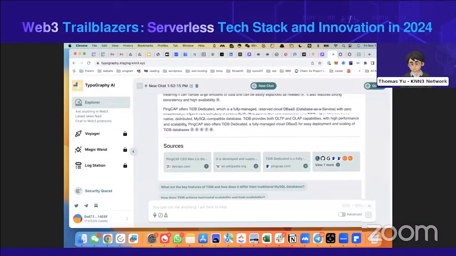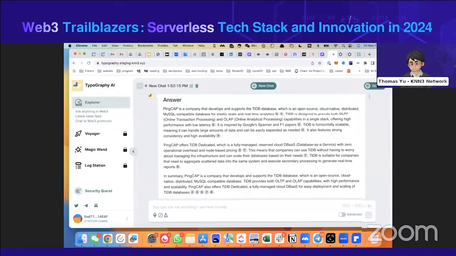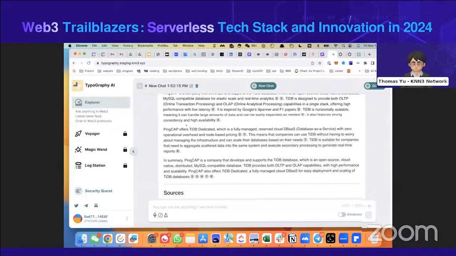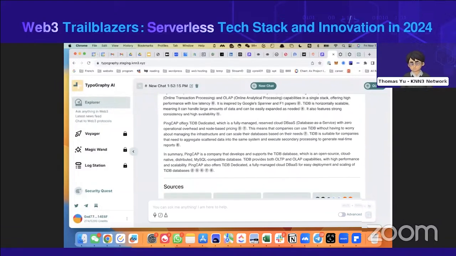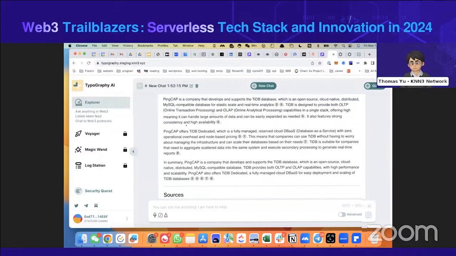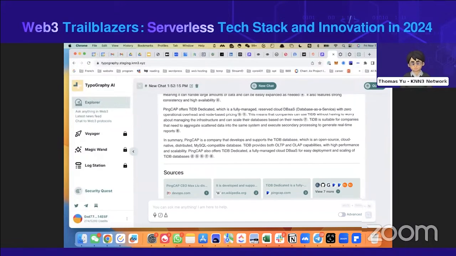Once you ask any question, the prompt will go through our multi-agents, our vertical database, and our knowledge graph, and some of the searching even reaches out to Google or Bing. So you will get very consolidated data over here.